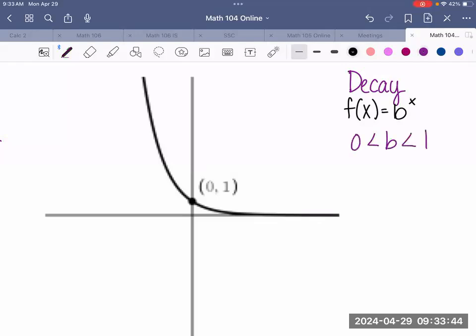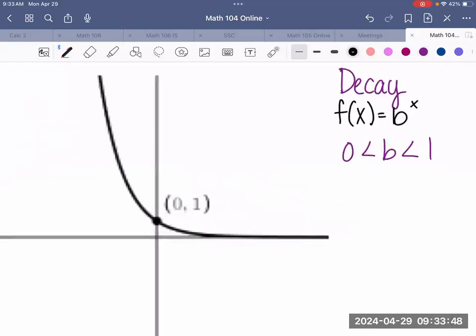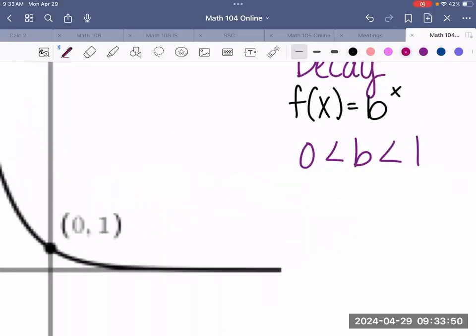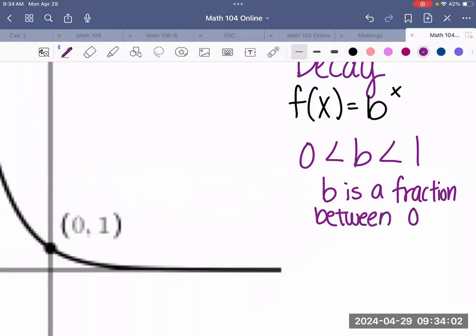So what are some values between 0 and 1? Well, values between 0 and 1 are any sort of decimals or fractions. So b is a fraction between 0 and 1, or a decimal.